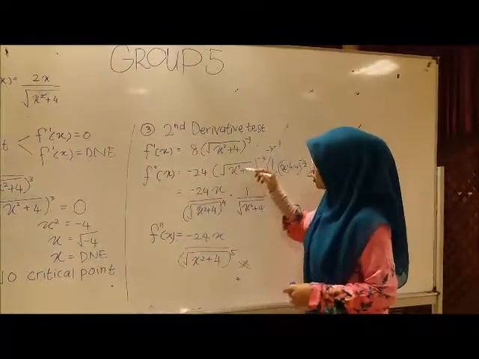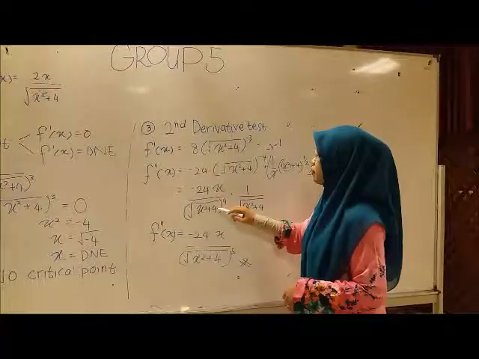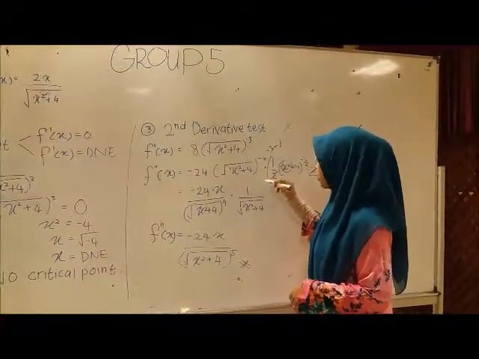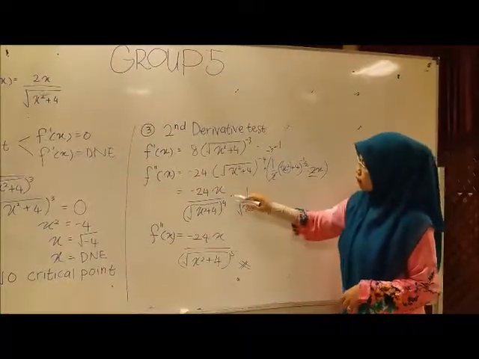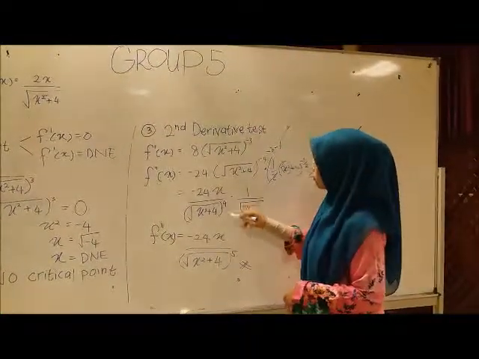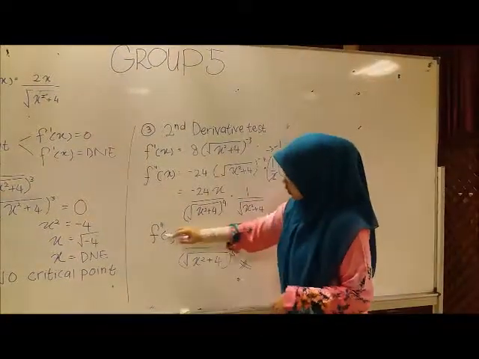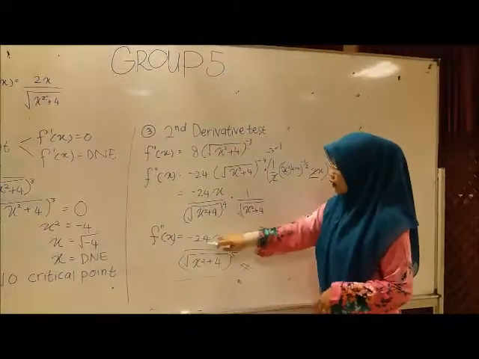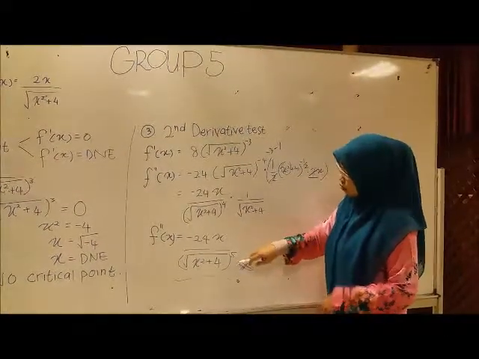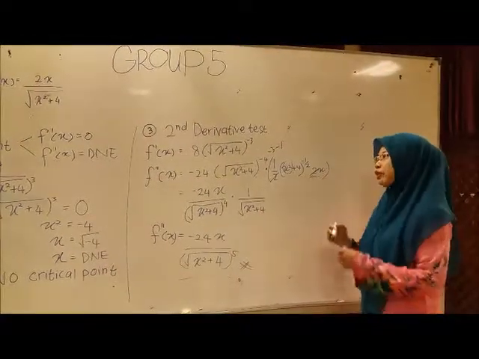After we solve this, we get negative 24x over the square root of x squared plus 4 to the power of 4, times 1 over the square root of x squared plus 4. Just changing the form, we can multiply to combine them, and finally we get the second derivative: negative 24x over the square root of x squared plus 4 to the power of 5.